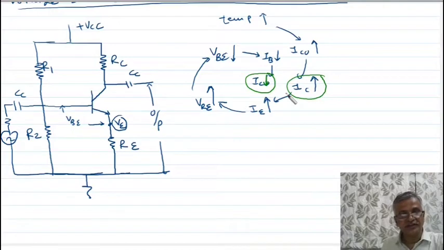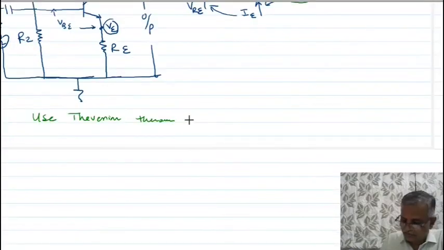Now let us derive the equation of stability factor S. I am using Thevenin's theorem for the input section of the circuit. Already you studied Thevenin's theorem, so I am using it for the input section. This is called Thevenin's resistance, we are writing it as RB.